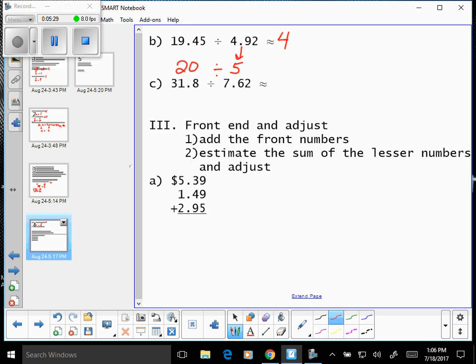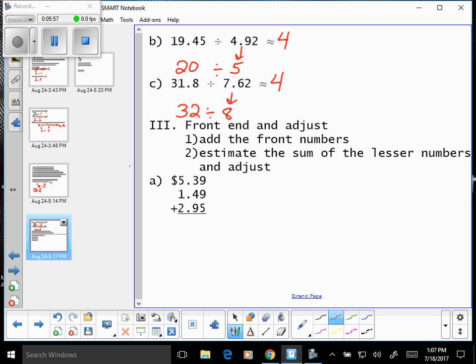Where do we start? With that 7.62, and that's going to be an 8. Now we got to think of all our multiples of 8. 8, 16, 24, 32. Well, 31.8 is between the 24 and the 32, but it's closest to 32, so my best estimate will be 4.